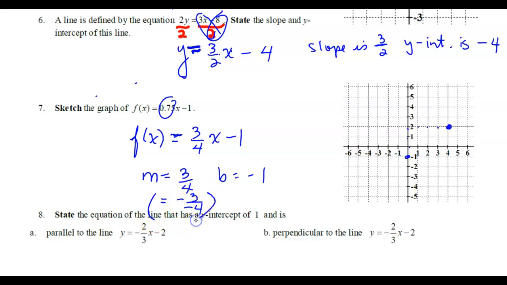That's never our final answer, but it can help us get another point. So we can go down 3 to the left 4. And now you can join that up and put arrows on the end. I'll have to fix that just a little bit once it's done.